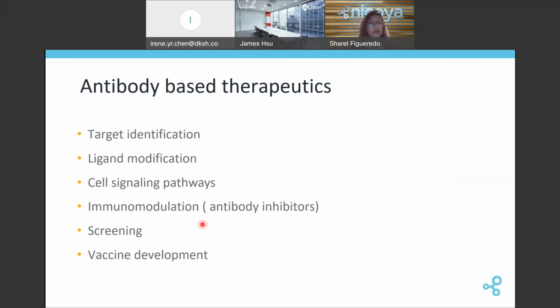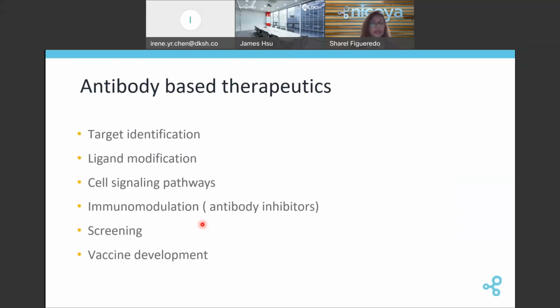Now, SPR is one such tool that has led to the development of antibody-based drugs and includes strategies such as target identification, ligand modification, cell signaling pathways, and also development of immunomodulatory antibodies such as antibody inhibitors or antibodies that activate new tumor targeting responses.